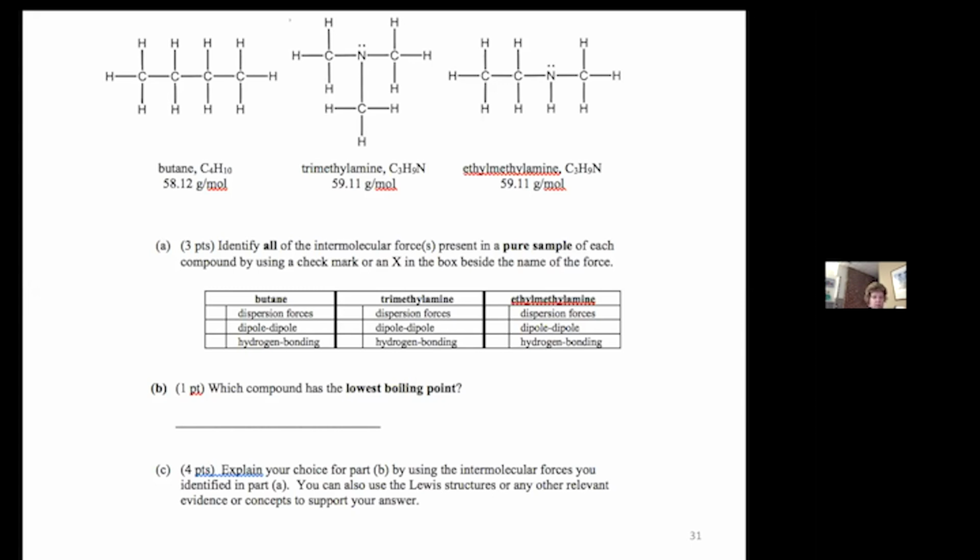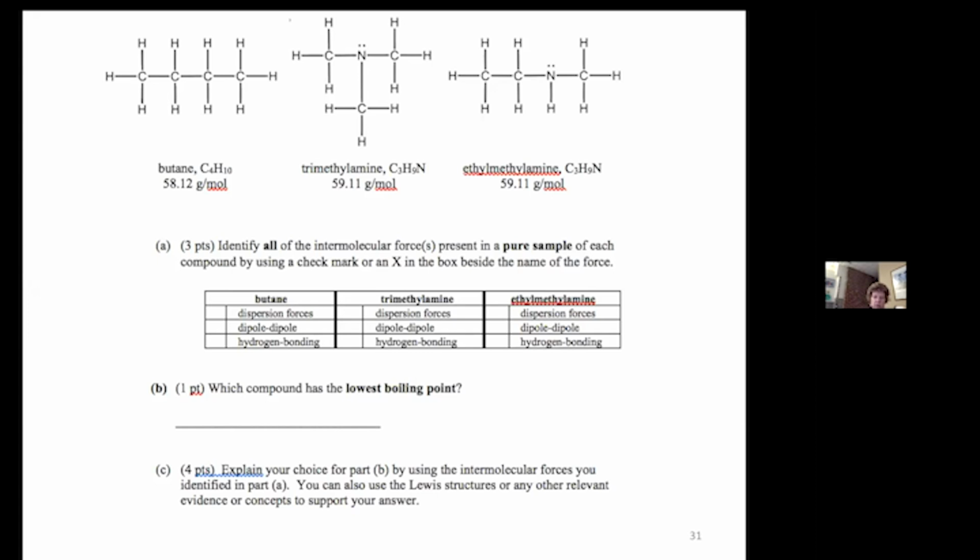We've asked them to identify the intermolecular forces present in a pure sample of each of these molecules. We've also given them the molar mass. And then you can ask them which compound has the lowest boiling point or the highest, doesn't matter, okay? And then you might ask them to explain their choice for part B.